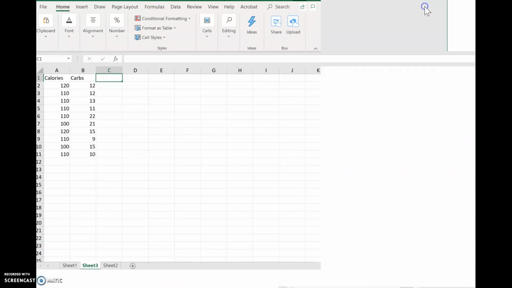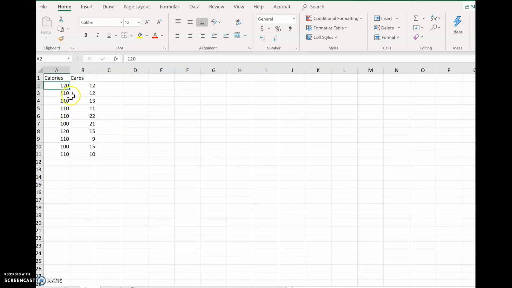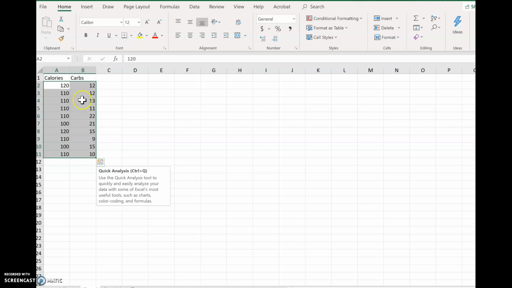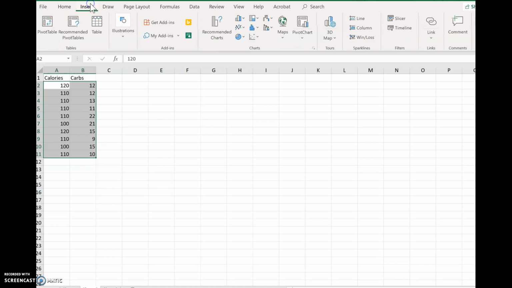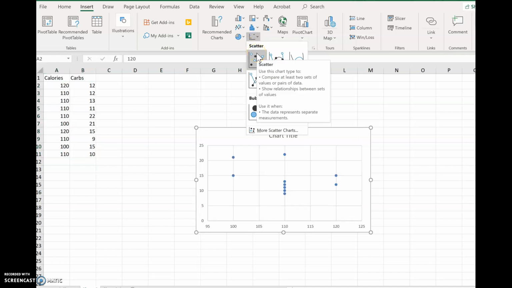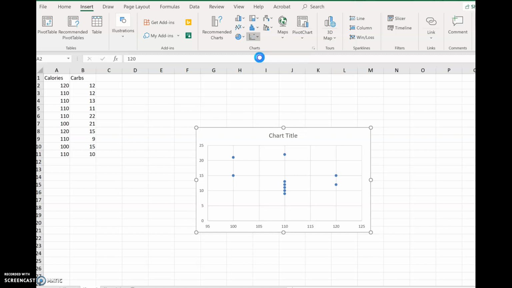So what you can do is highlight the data and then insert a graph. We want to do a scatter plot, which is pretty much just all the dots. We do not need any of those fancy ones. We just do the regular, pure dot scatter plot.